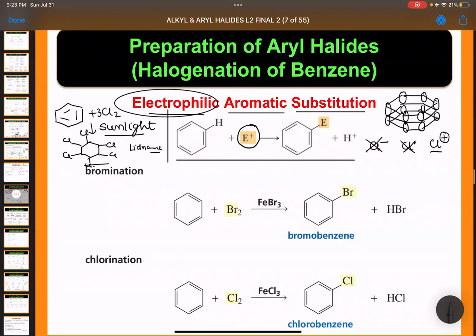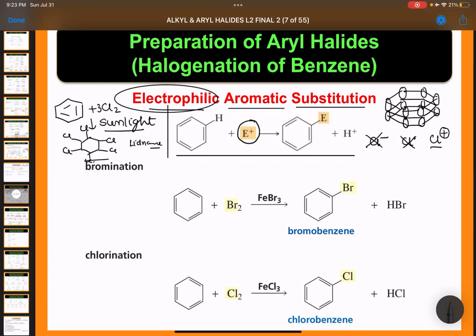So how will you generate this E plus? Suppose you need to take Cl plus, then only it can react with benzene. You need to create Cl plus from chlorine, which is the most common source of Cl. So you need to take some Lewis acid catalyst. What are Lewis acids?